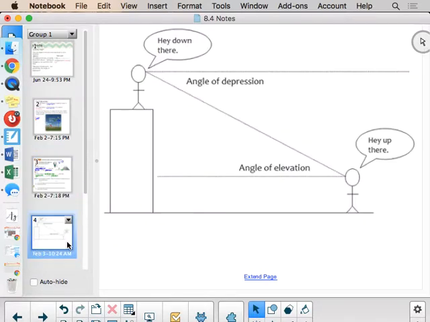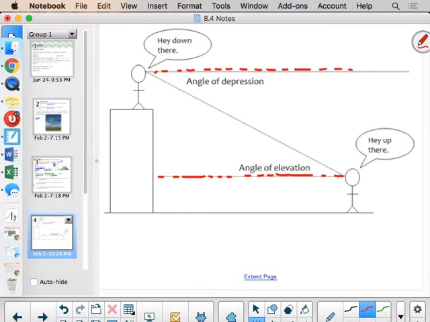So something I want you to recognize. Remember, both of these angles are created by horizontal lines. Well, something we know about horizontal lines is that horizontal lines are parallel to one another. So this line of sight going from these two people acts as your transversal, okay?